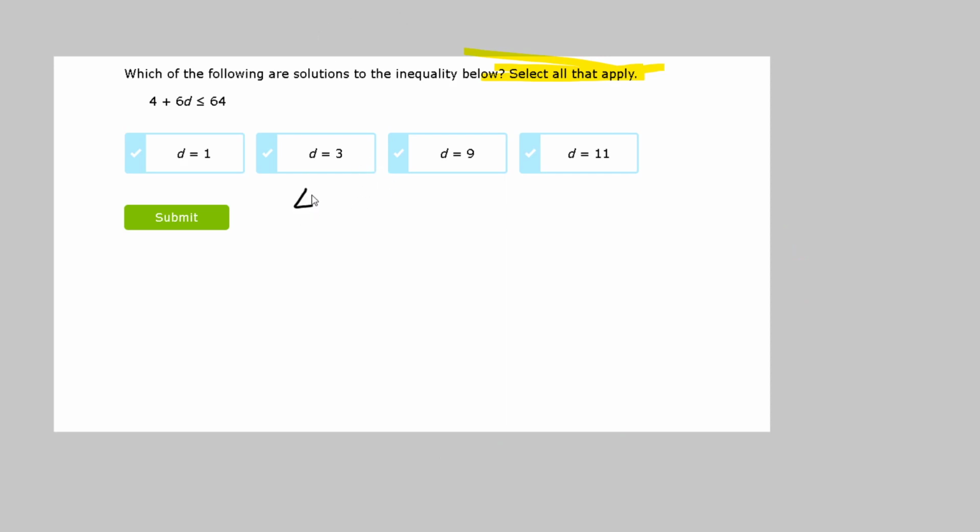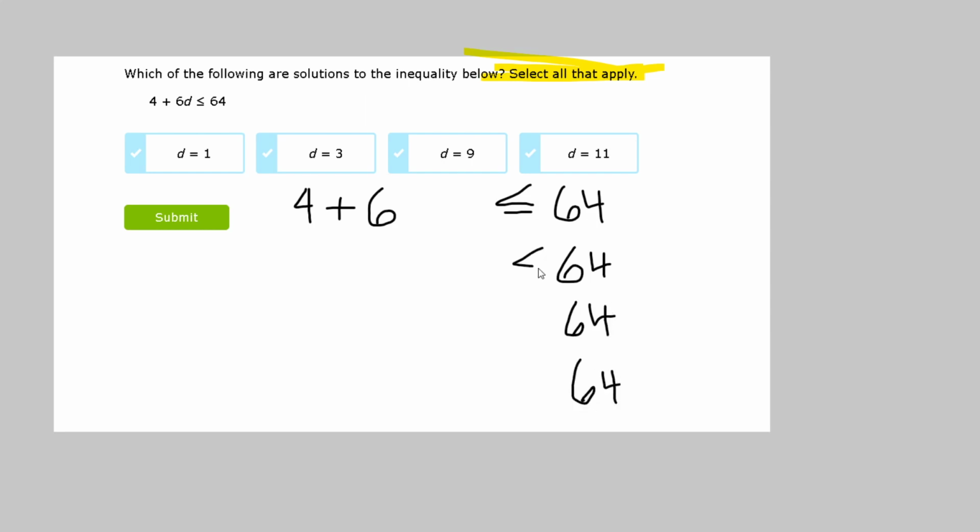So 4 plus 6. I'll write that in a second. So we're going to try these out for each one. Okay, so there we go.